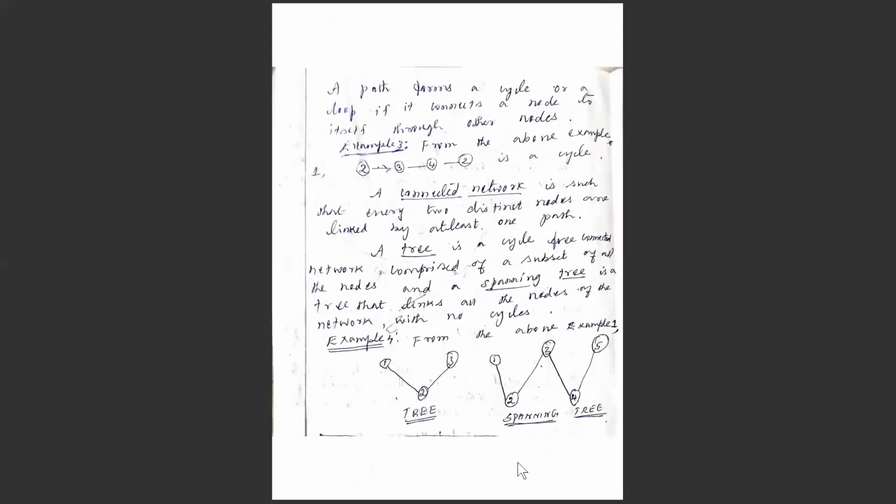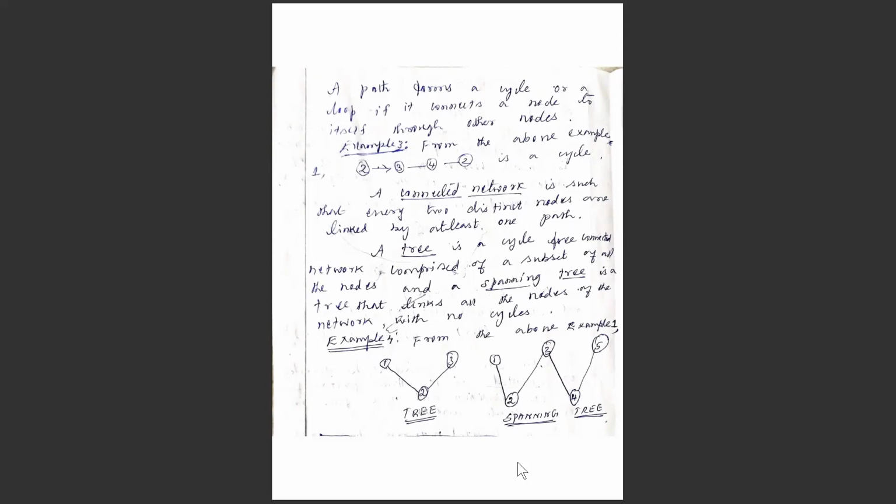Next, what is a cycle? A path forms a cycle or a loop if it connects a node to itself through other nodes. So it should come back to the starting place.